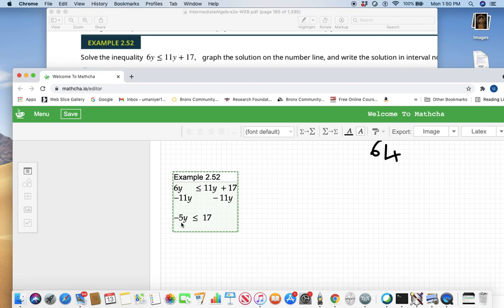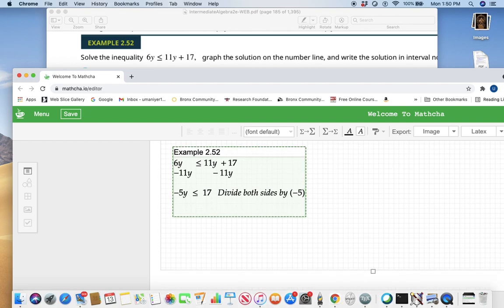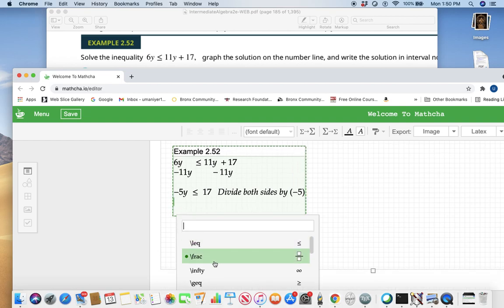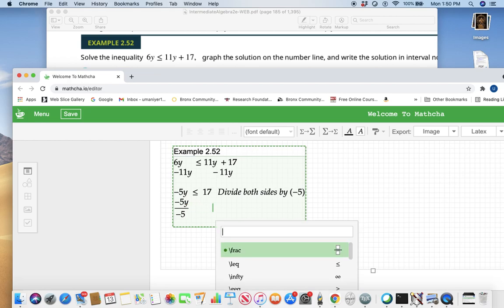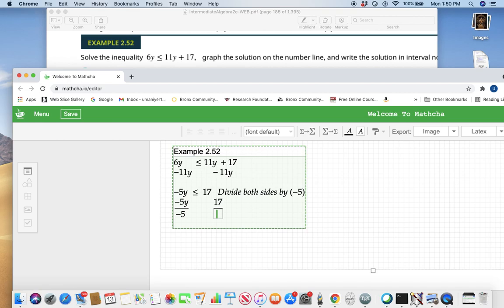At this point you want to divide both sides by negative 5. If I divide by a negative number, remember, the inequality changes. Okay, so let's first write down the division to be sure.